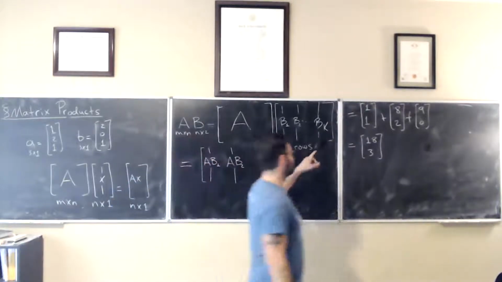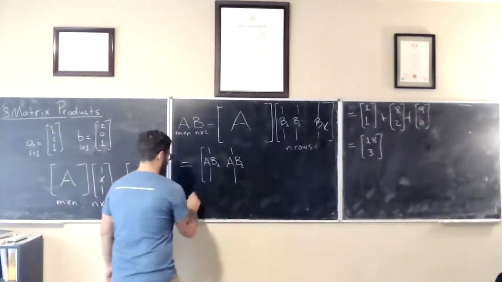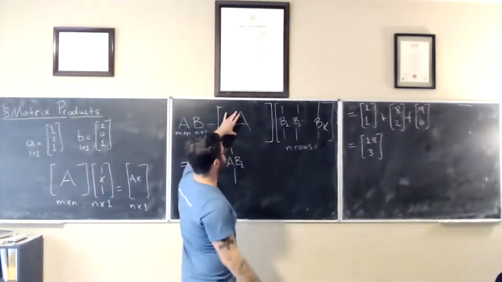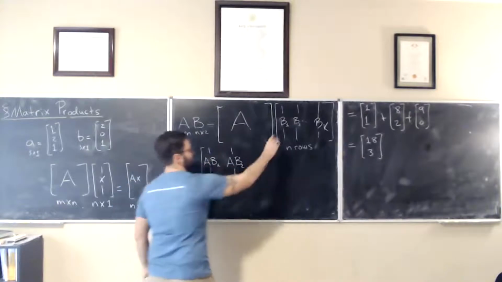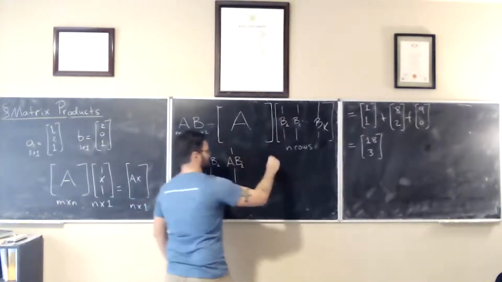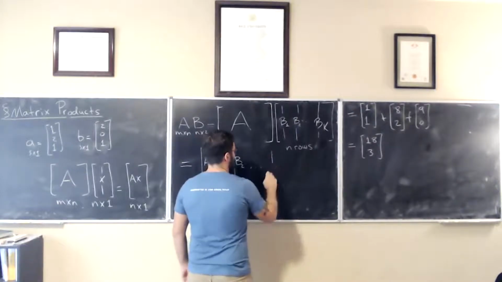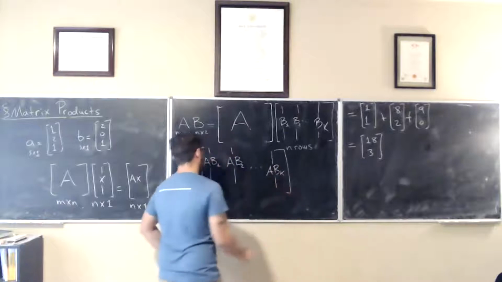If B has K columns, it's going to be an n by K, right? Because each column multiplies A. B1 multiplies A, goes right there. B2 multiplies A, goes right there. Dot, dot, dot. BK multiplies A, and there it is.